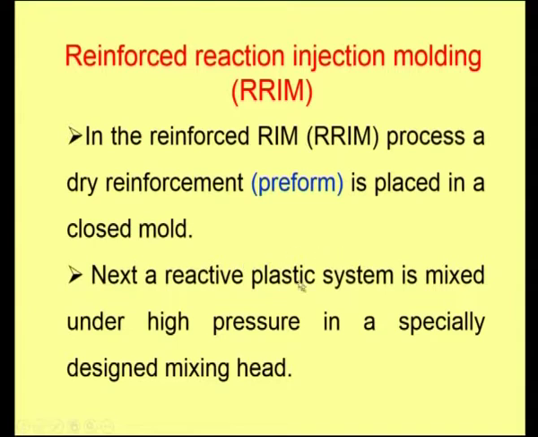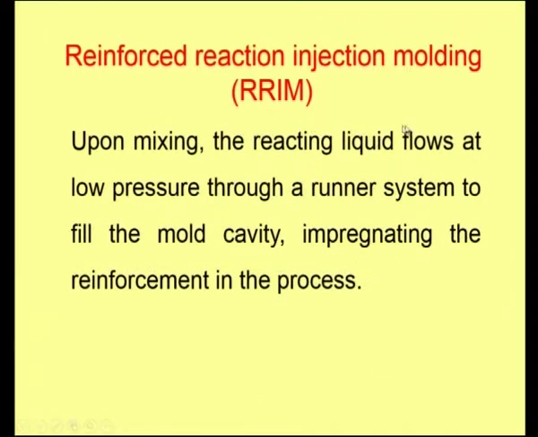Next, a reactive plastic system is mixed under high pressure in a specially designed mixing head. Upon mixing, the reacting liquid flows at low pressure through a runner system to fill the mold cavity. Thereby it will completely impregnate the preform, that is, the reinforcement in the process. That is how we prepare a reinforced reaction injection molding product.